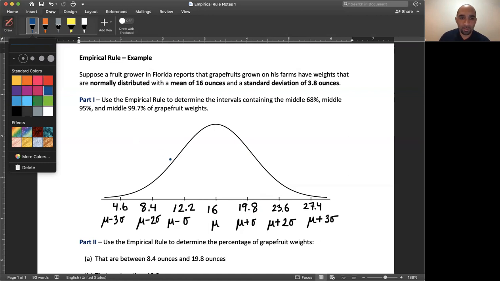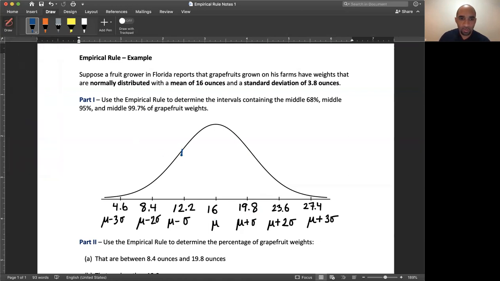So what we're saying in this specific distribution, going from 12.2 to 19.8, in this interval, we have 68% of the data values. In this case, that's going to be the grapefruit weights. So 68% of the grapefruit weights are going to be between 12.2 and 19.8 ounces.